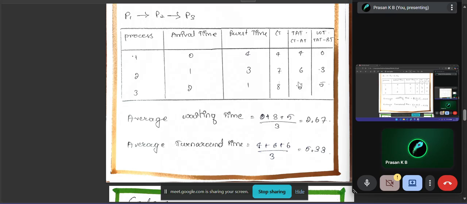With the sum of the TAT we will calculate the average turnaround time, and with the waiting times we will calculate the average waiting time. Here you can see the average turnaround time is 5.33 and the average waiting time is 2.67.